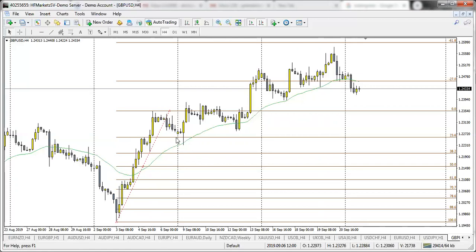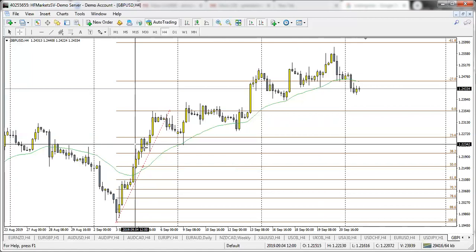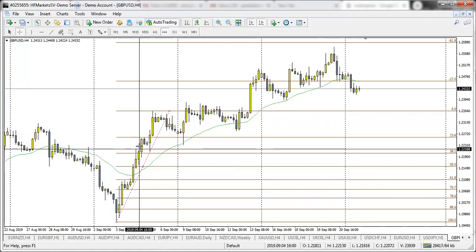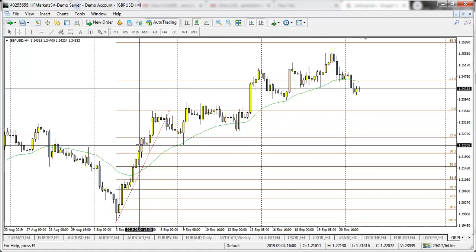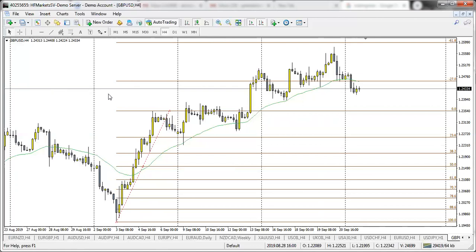You will see that this retracement happened around 23.6, but the week almost touched 38.2. Now what does that mean? It does not mean that you can't take a trade on 23.6. It is just risky. That is the truth.